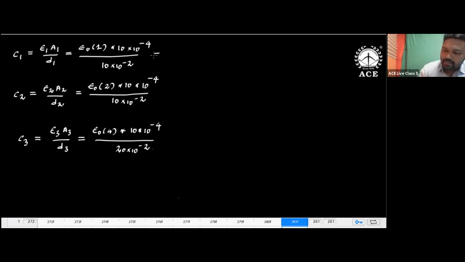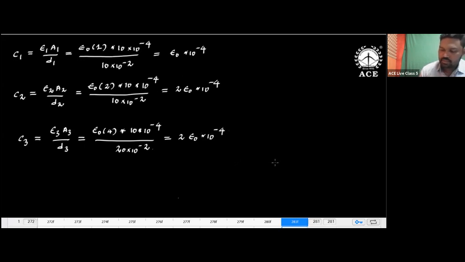So here it is epsilon naught into 10 to the power of minus 4. Here it is 2 into epsilon naught into 10 to the power of minus 4. Here it is 2 into epsilon naught into 10 to the power of minus 4.